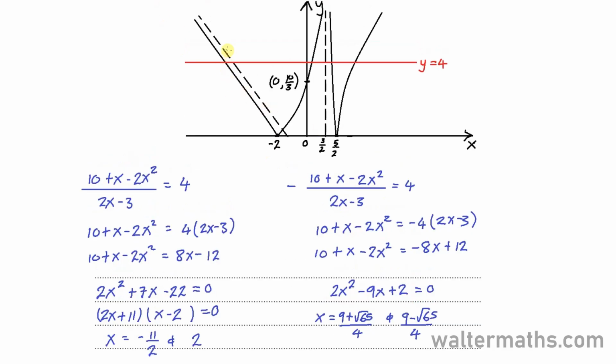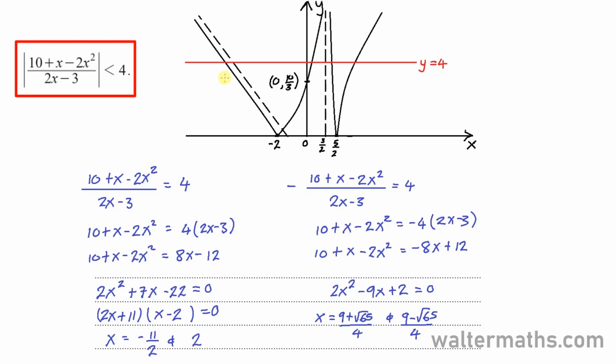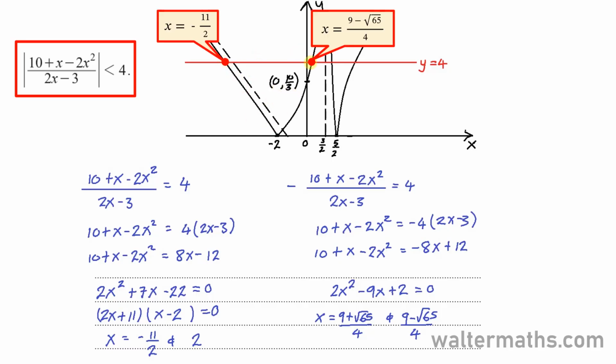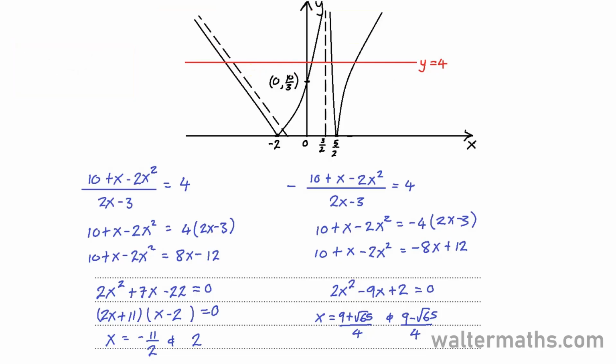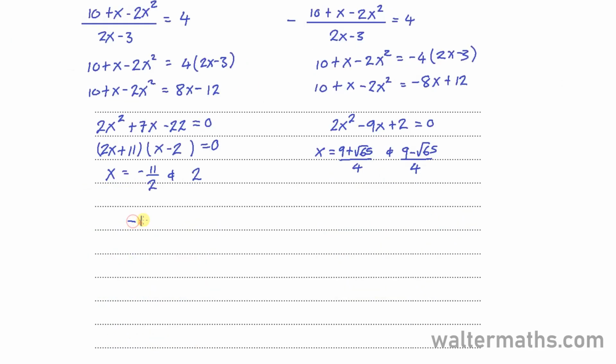So we now have the 4 intercepts with the graph. The first set of values for which the modulus graph is below the graph of y equals 4 is between this point and this point. So we say this is between minus 11 over 2 and 9 minus root 65 over 4.